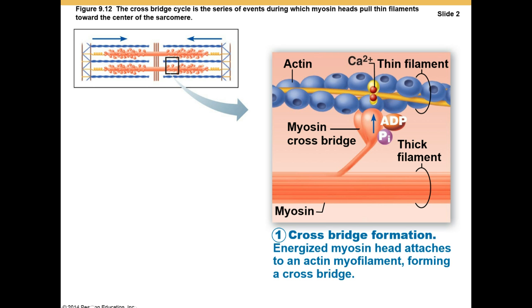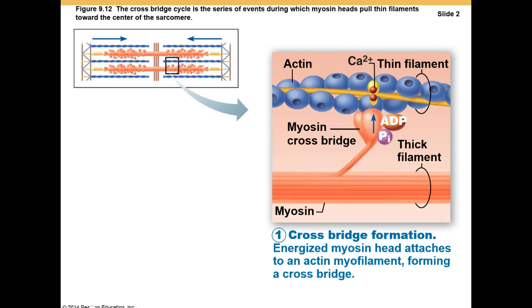So let's look at some of these events. If that myosin head is already back in a ready position, that means it's already activated. ATP has been broken down into ADP plus an inorganic phosphate. As soon as we have calcium around, you can have contraction. So first we get cross bridge formation.